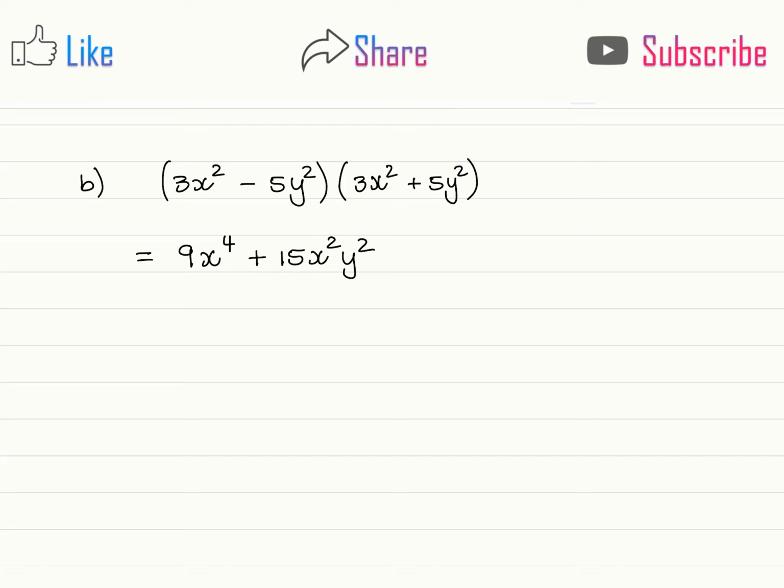Our third term would be negative 5y squared times 3x squared, which will lead to negative 15x squared y squared.